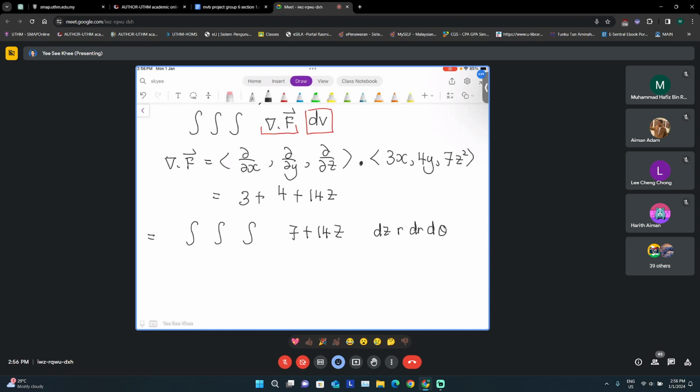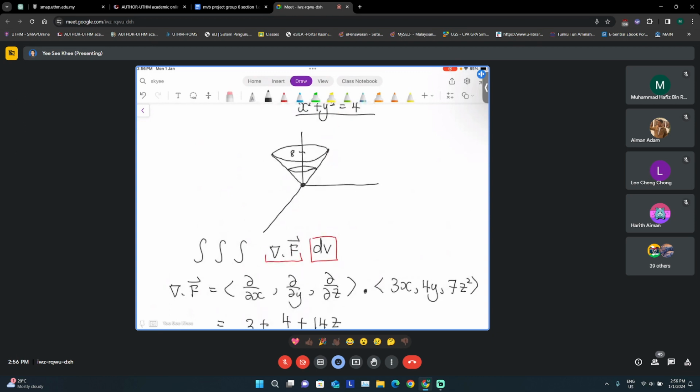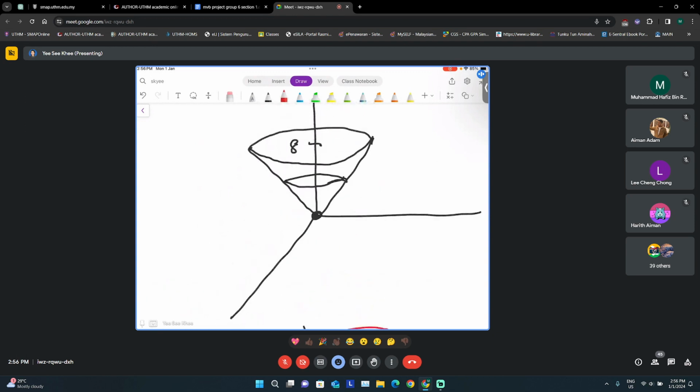You need to find the dz range. When you want to find dz, always imagine yourself sitting inside. When you look down, you can see this surface, which is the equation of the cone.